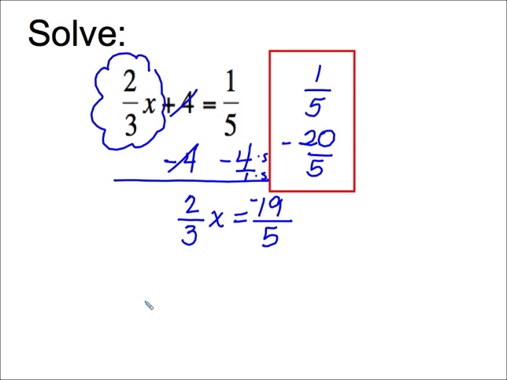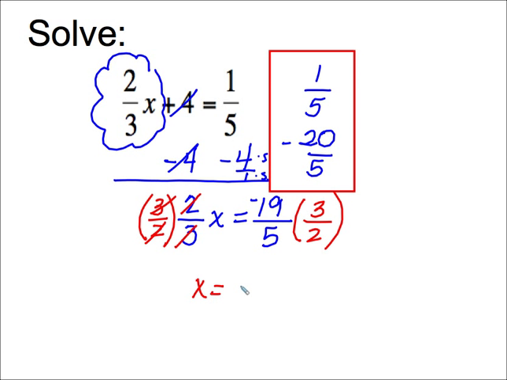Now, this is 2/3 times x. Well, I need 2/3 to completely disappear. The way that I get 2/3 to disappear is I multiply by the reciprocal, which means I'm going to multiply by 3 on top and 2 on the bottom, because when I do that, guess what happens to all of these guys? They disappear. And over here, I'm going to multiply it by 3 over 2 as well.